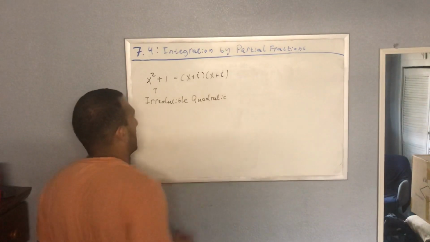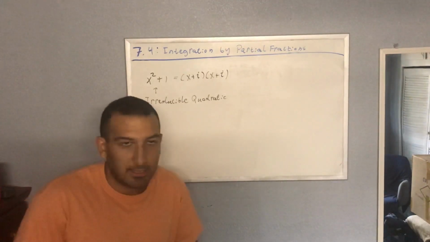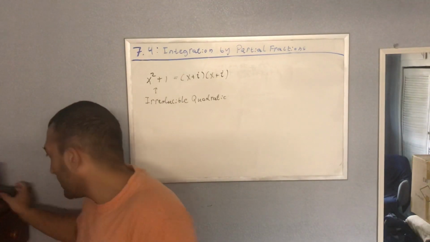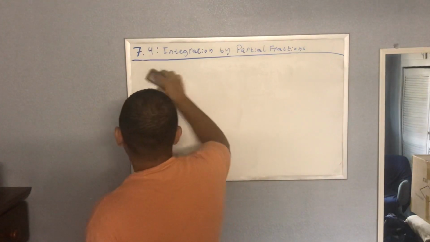Okay, so we now have to consider the cases where we have irreducible quadratics in our rational function. Okay, so let's look at an example.